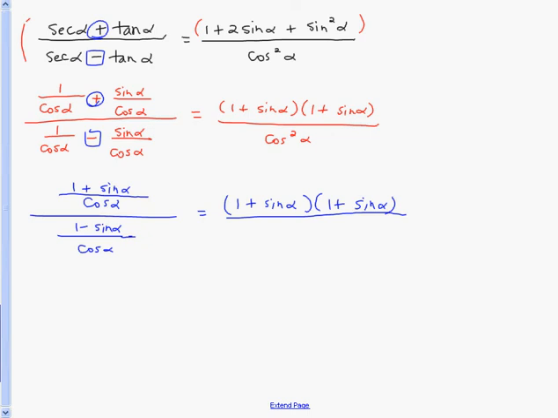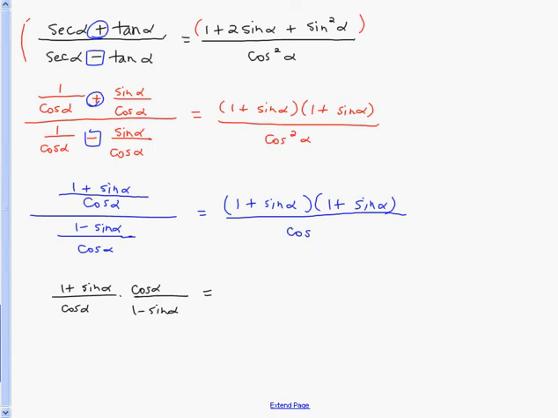Alright, on the left-hand side, I'm going to divide these fractions. Remember, that's by flipping and multiplying. I have 1 plus sine of theta over cosine of theta times, that'll be cosine of alpha. I'm going to get that in a minute. And 1 minus sine of alpha. I'm just flipping those fractions and multiplying.